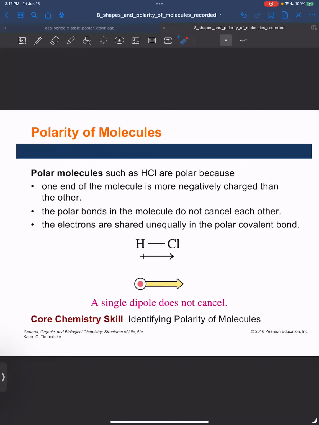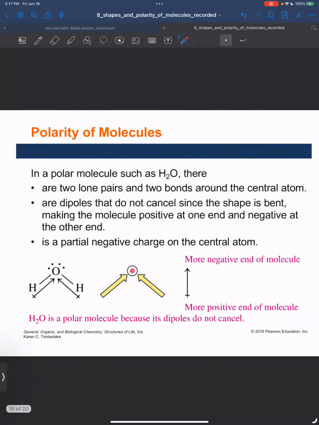Let's look at another example you're familiar with. Let's look at water. So water, we just learned, has bent molecular geometry. So if we draw the structure, it looks bent like this. And the individual bonds, OHs, are polar covalent. But because it's not a linear molecule, notice how the arrows are pointing towards the more electronegative atom, but they're not lined up.